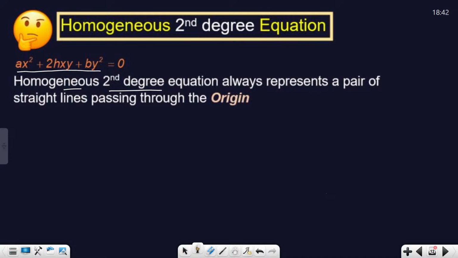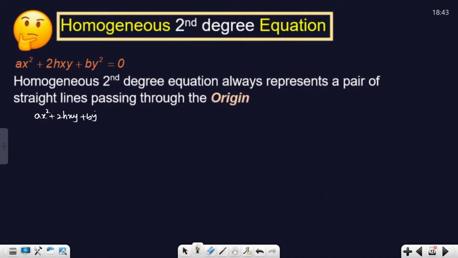Remember this, it always represents a pair of lines passing through the origin. A homogeneous equation of second degree represents a pair of lines always passing through the origin. Is it clear?